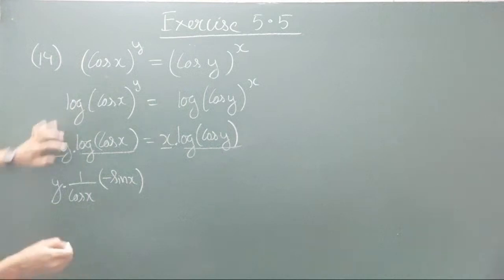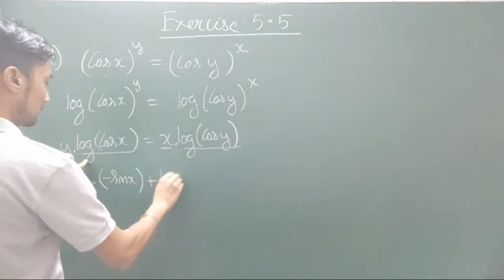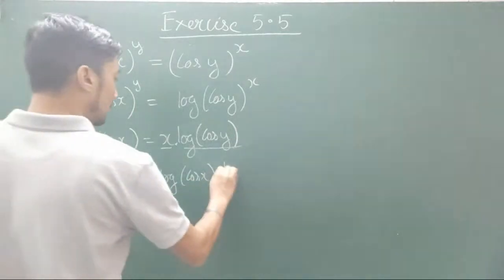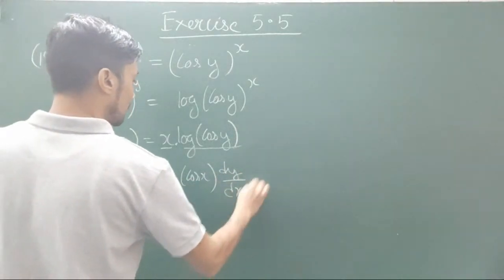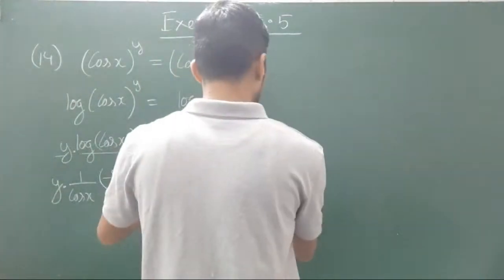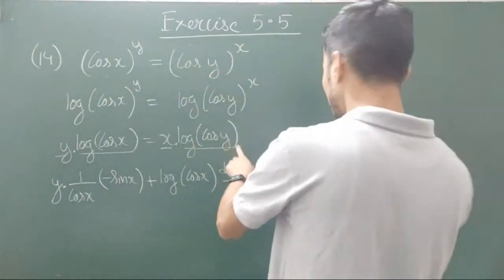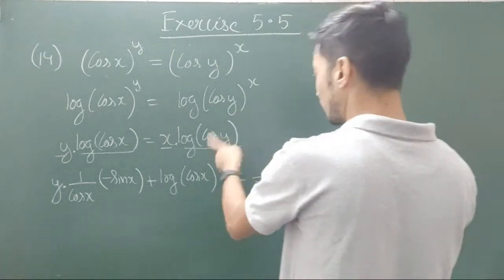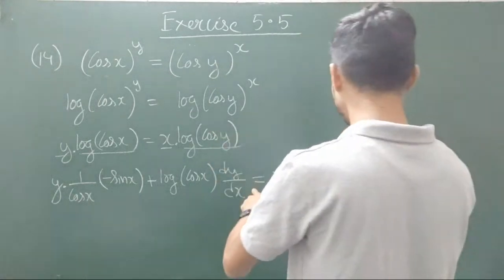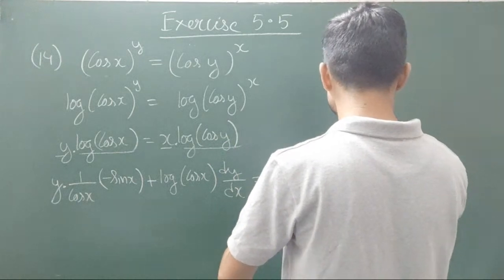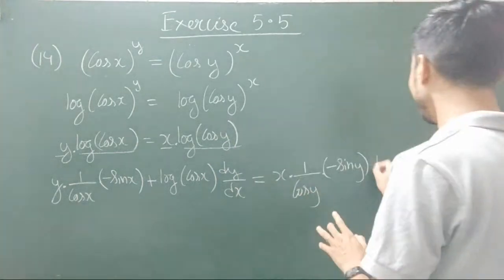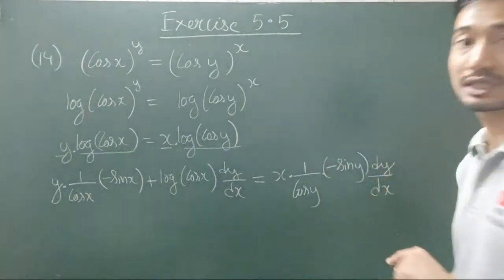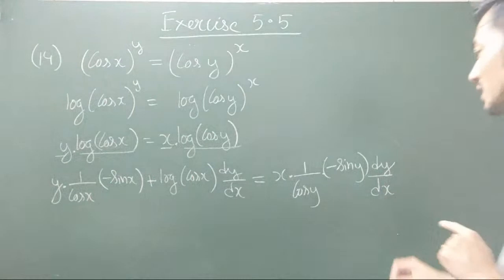Plus log of cos x into derivative of y, of course it's going to be dy by dx, is equal to, on this side, x, derivative of log of cos y is 1 by cos y into derivative of cos y, chain rule will be minus sine y, but again it's y, so please, my dear children, do not forget to write dy by dx. That's very important.